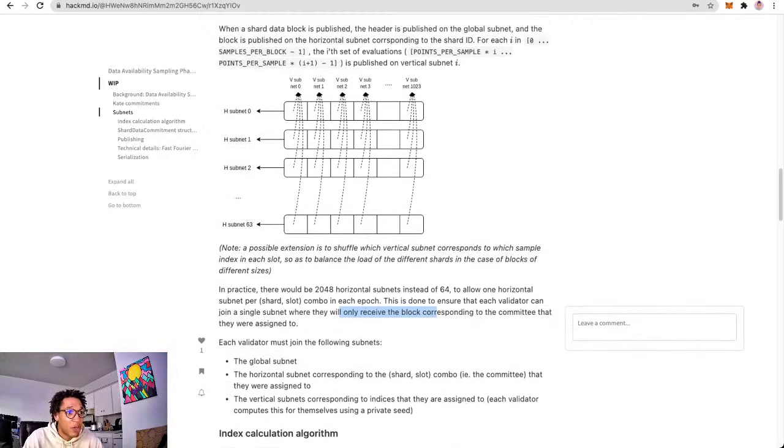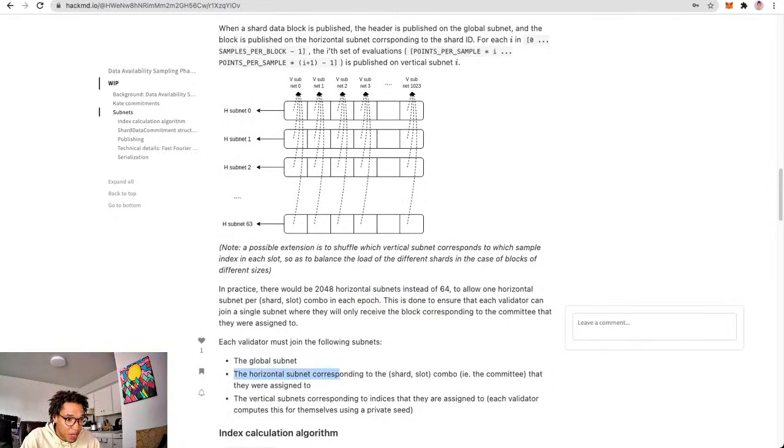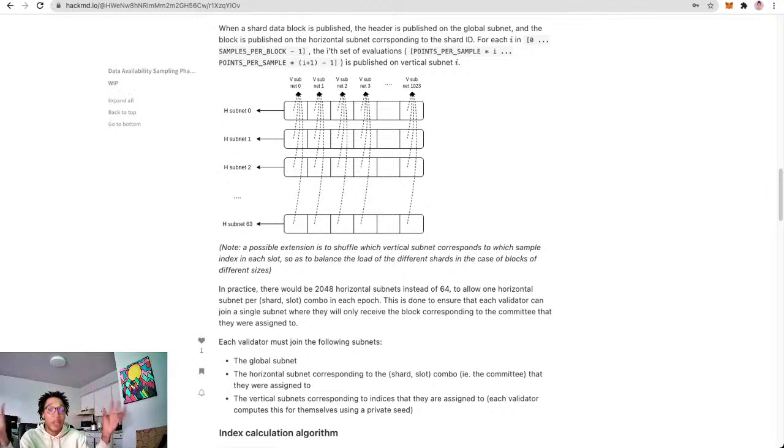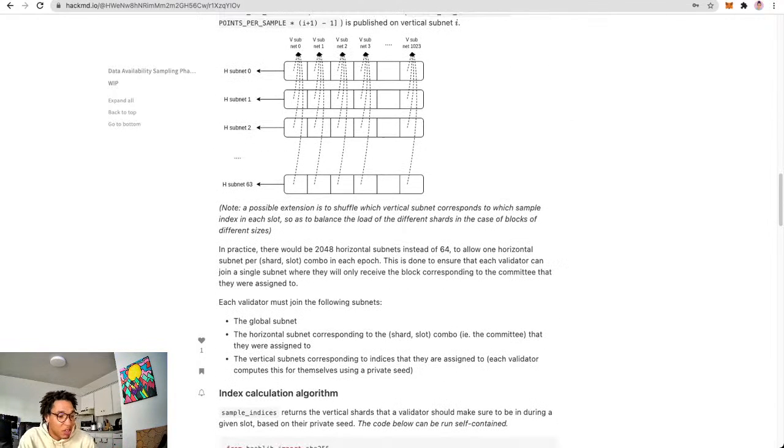You'd have to join the global subnet, so you just get the headers of all the shards so you can start looking at where you need to go. You get the horizontal subnet corresponding to the shard slot combo that they were specifically assigned to. So instead of having all the data, you're getting all the headers, and then you're getting your assignment for your validator, which will be on the horizontal subnet, which is the block. So you just know the block and slot you're assigned to.